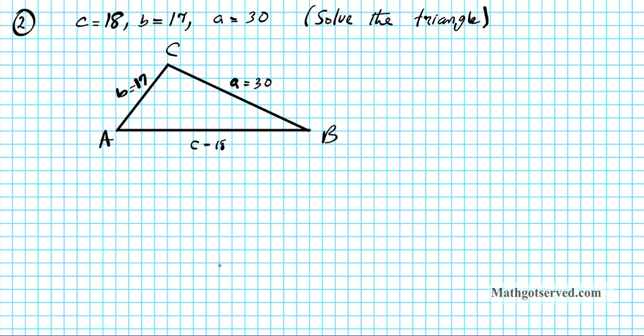What type of problem is this? This is an S, S, S situation. Okay? Side, side, side. In order to solve this, we have to use the law of cosines. Since we're not given any angle, we can pick any of the three variations of the law of cosines to use here. Okay, so the variation I'm going to pick is the one that starts with A, because that was the first letter of the alphabet.